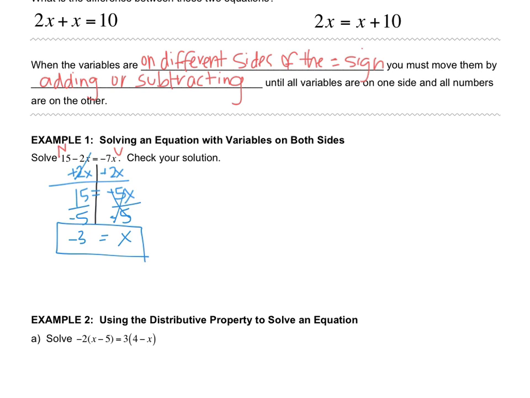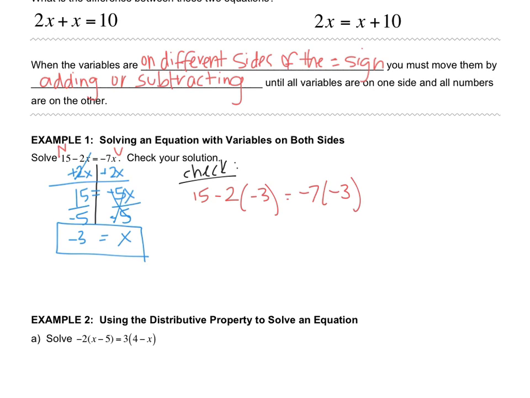Since these examples are a little more complex, we certainly have to check them. So let's do it. I'm going to write the equation exactly how I found it, but instead of x, I'm going to put negative 3. 15 minus 2 times negative 3, notice I'm using the parentheses, equals negative 7 times negative 3.